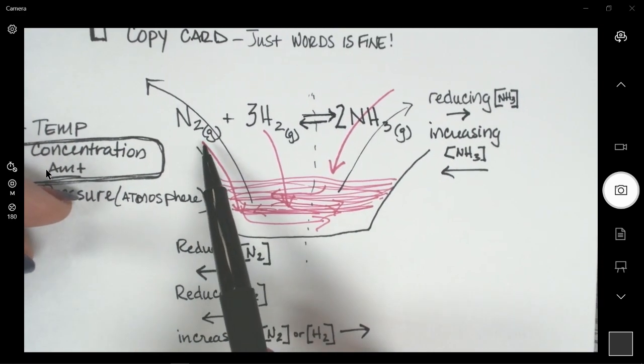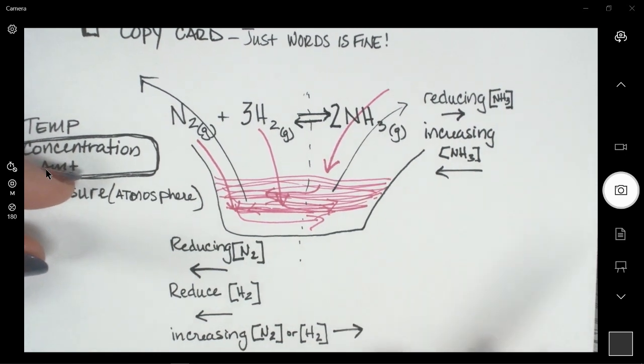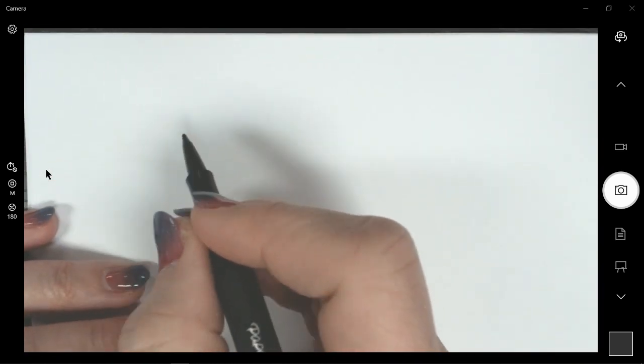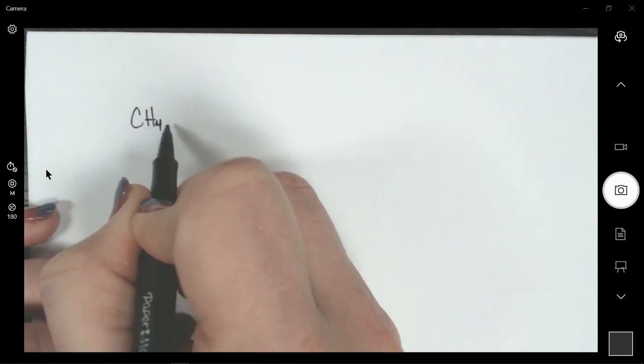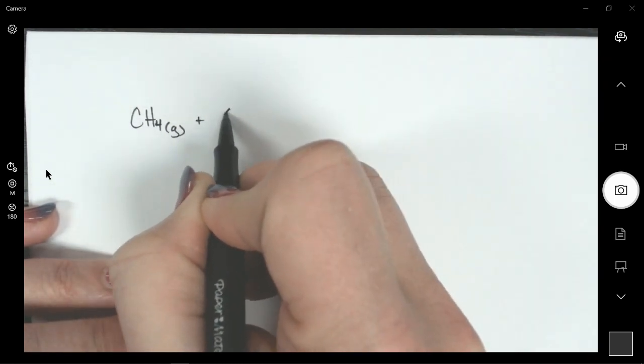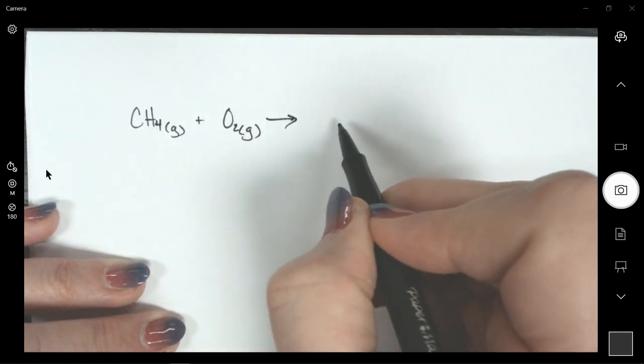So if a chemical reaction is exothermic, we tend to see that. Our classic exothermic chemical reaction is our CH4 gas and oxygen gas. What's it going to yield?